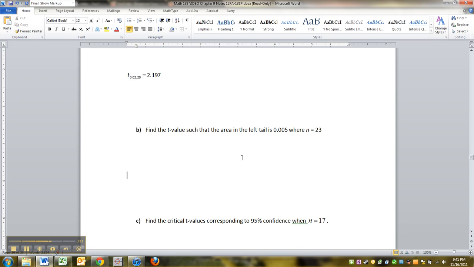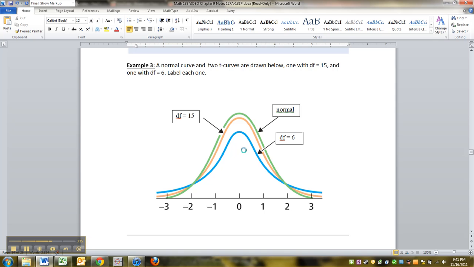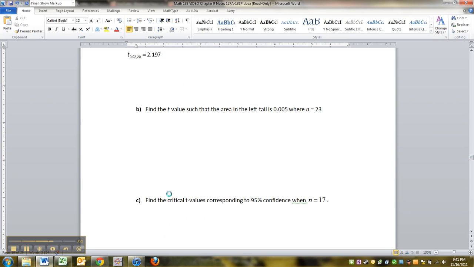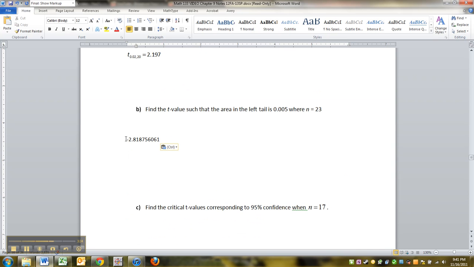So if you think of the t-curve, if the area is only 0.005, you're over here somewhere. You're on the negative side. So there we go. All right. t is equal to that. Oops, lowercase t. All right.